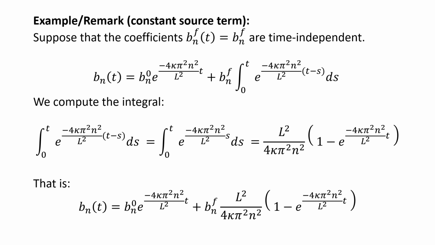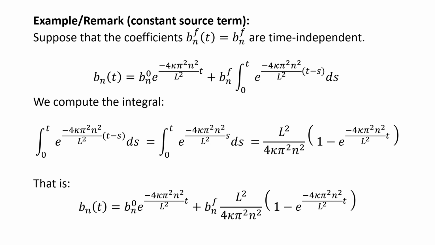Namely, what happens if you've got a constant source term? We have mentioned earlier that in the case of constant data, the solution of the heat equation converges to a steady state solution. Now that we've got a solution formula, we can make this actually explicit.